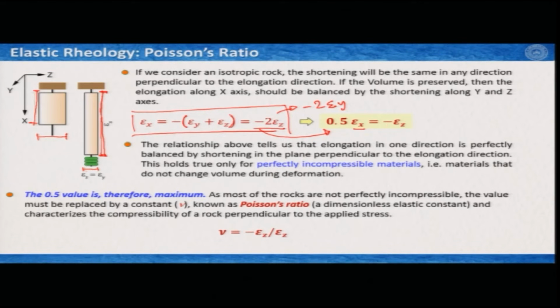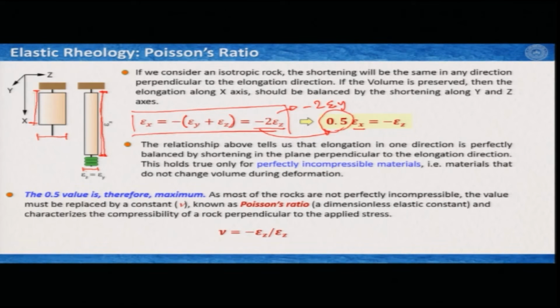This minus sign further signifies that if you extend along x direction, you have to shorten along the z direction, and then it is related by a numerical value 0.5, and 0.5 you can consider that it happens when the volume is remaining constant.